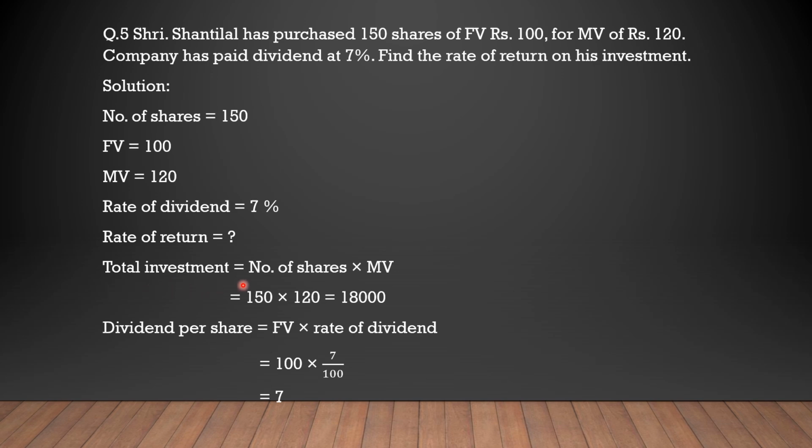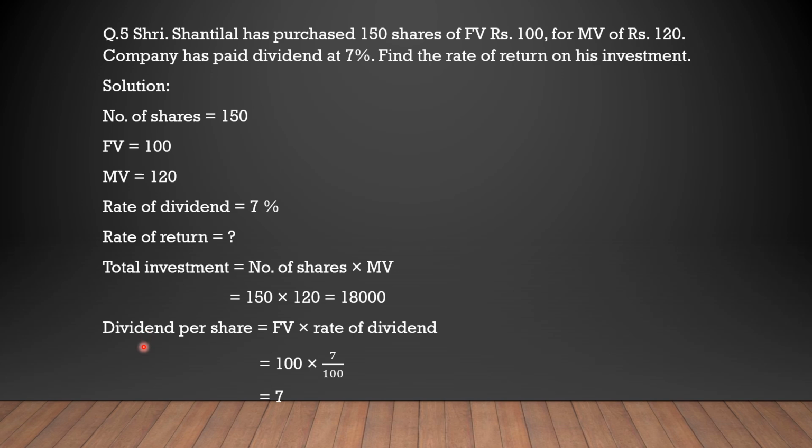Total investment is equal to number of shares into market value. So number of shares is 150 and market value is 120. So 150 into 120 is equal to 18,000. So total investment is 18,000.